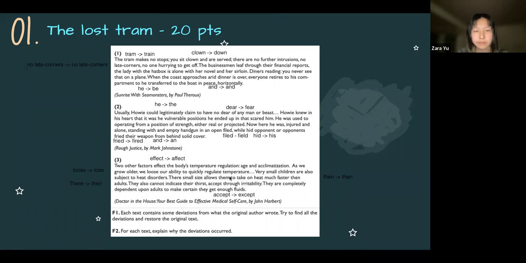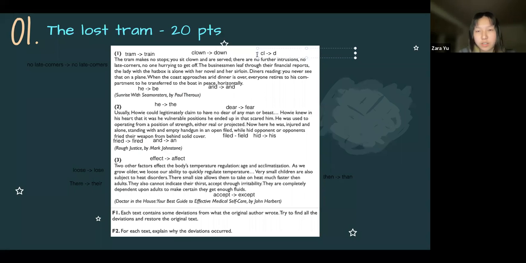For each of these different texts, there's different reasons why the deviations occurred. So for this first one, you can notice something here. In this one, for example, CL becomes D, but you notice here that D looks similar to CL. So one reason why this deviation could occur is because someone was reading this text too fast.